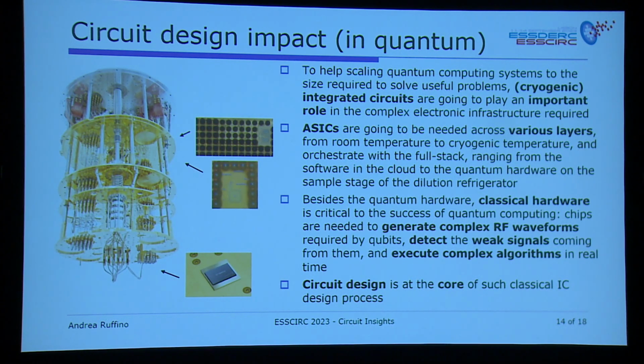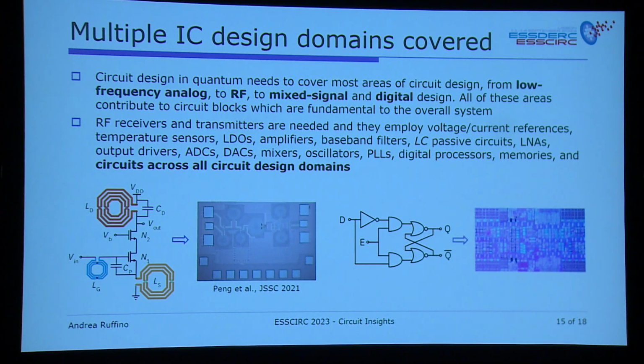So circuit design is at the core of all these classical integrated circuit designs and is going to play a very important role. And then, as I showed previously, in this field, there are multiple integrated circuit design domains which are covered.